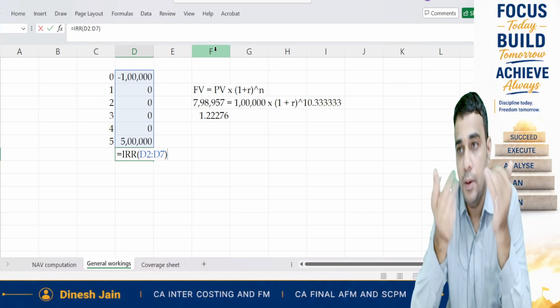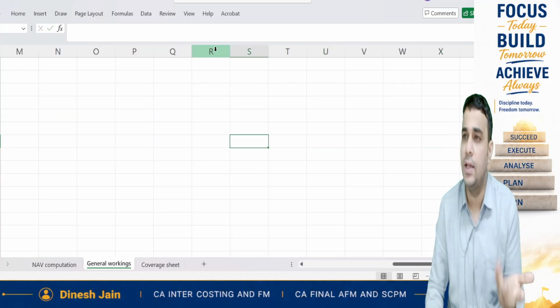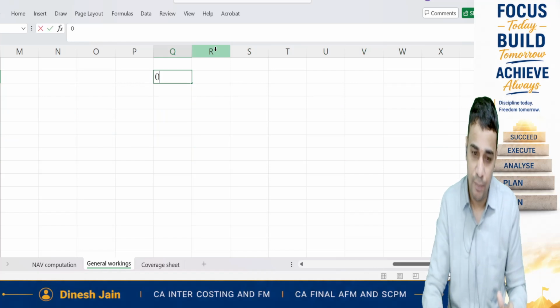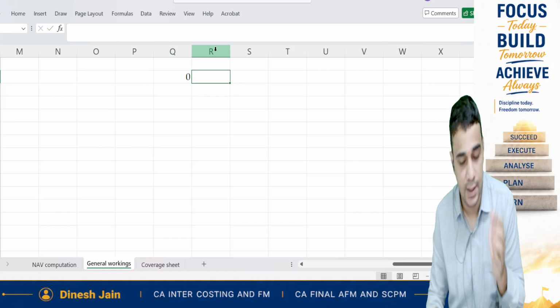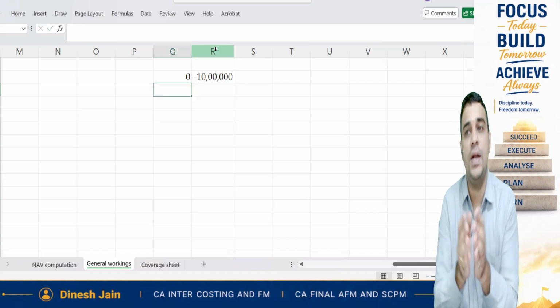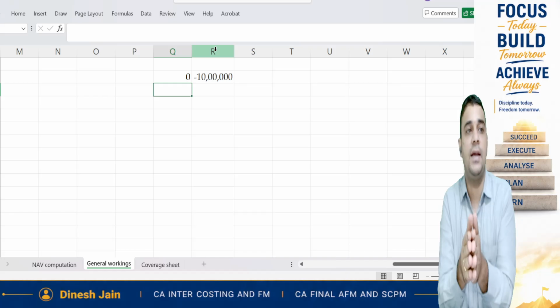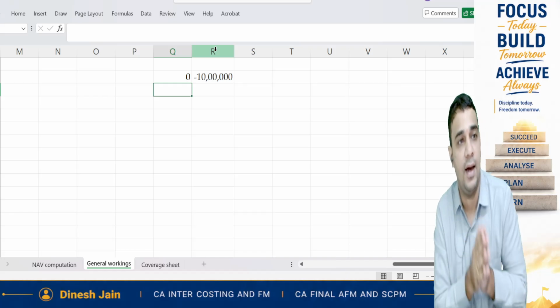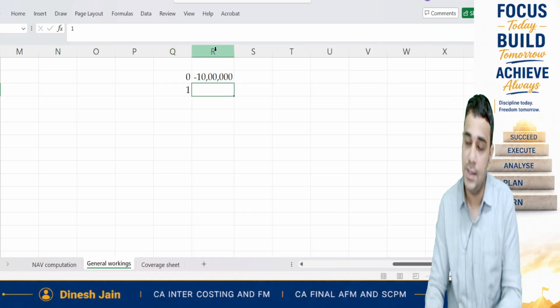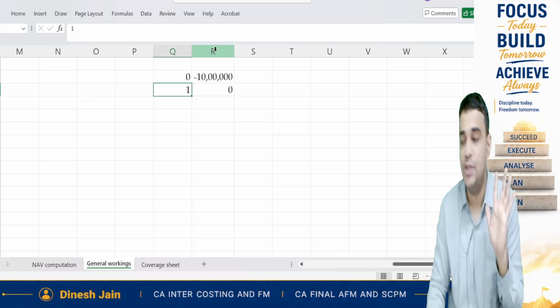For the practical world, this is used a lot. Say I am doing one investment product: in year zero, I am investing 10 lakh in an insurance product, and they tell you that after 10 years we will be getting some money. Can you calculate the IRR? You have to write year zero, year one, every year. Year one, zero means you have to write zero.